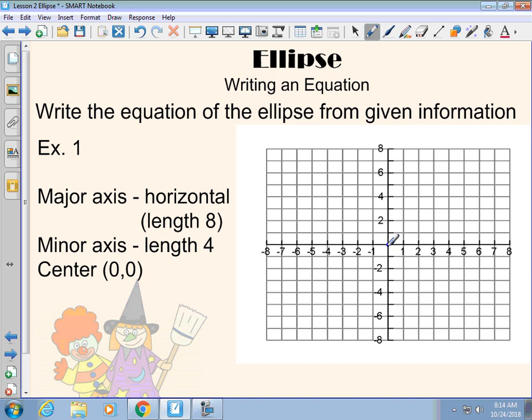And we know the full length horizontally is 8, which means from the center, we've gone out 4 in either direction. And that 4 value is our A. So we get A to be 4. Major axis lengths give us A values.